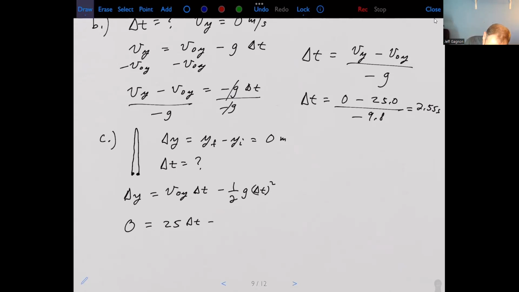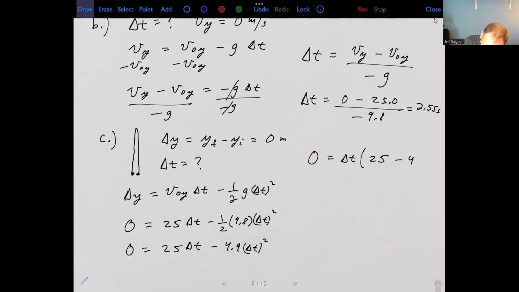And then I do know g is 9.8, delta t squared. And I guess 1/2 of 9.8, I could rewrite it, was that 4.9? So I could write this as 4.9 delta t squared. And notice here, I could factor out a delta t from that equation. And I'm left with 25 minus 4.9 delta t.